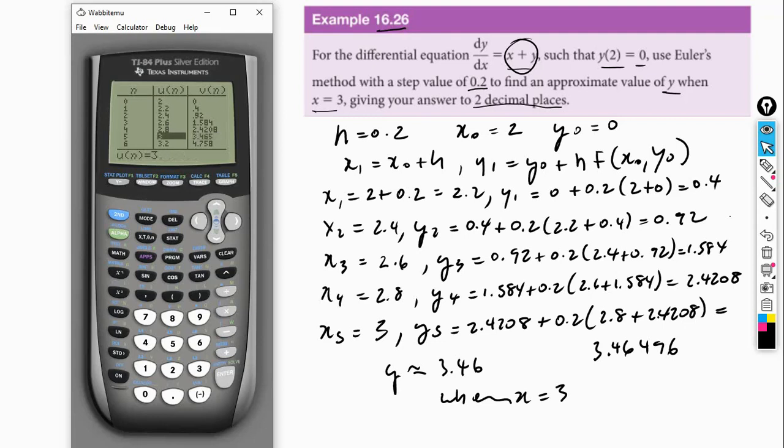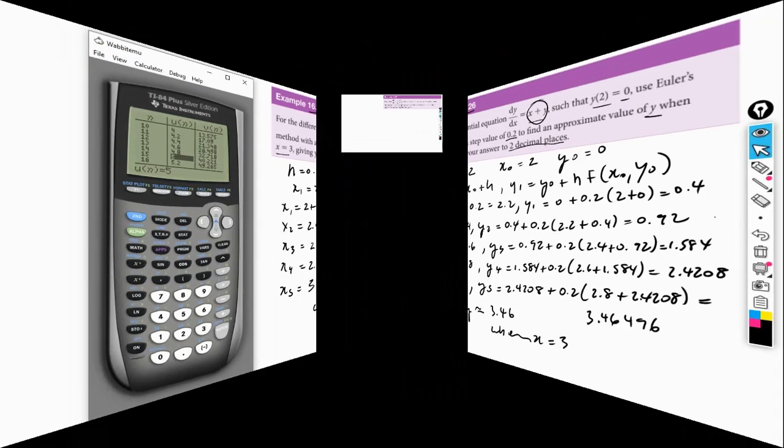The advantage of the table is that this keeps going on and on, so you can find the approximation to y with any value of x, considering the step to be 0.2. Now imagine you can be much more accurate if you use an h that is lower, like 0.001. So this is how you do it with the GDC.